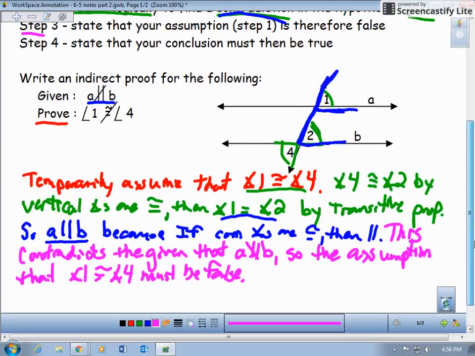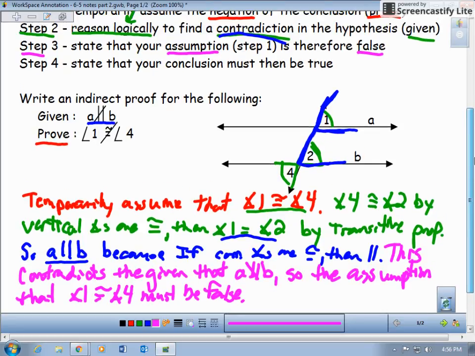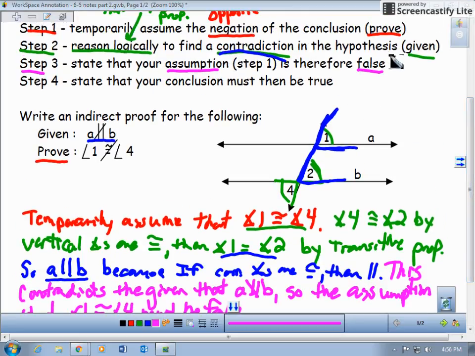That's step 3. Why is it false? Because we contradicted something in the given information.